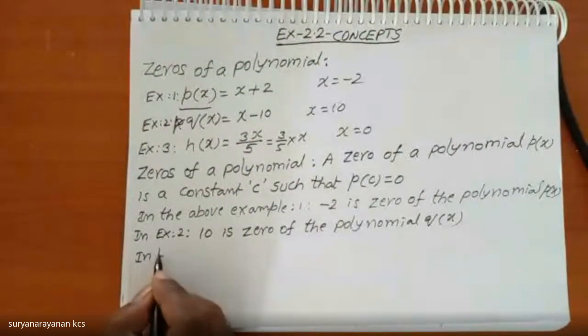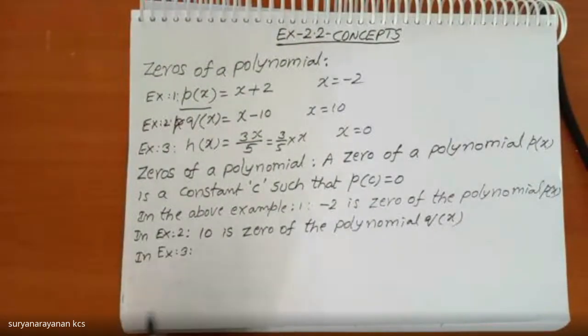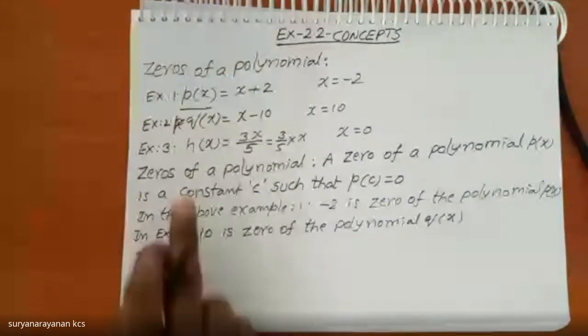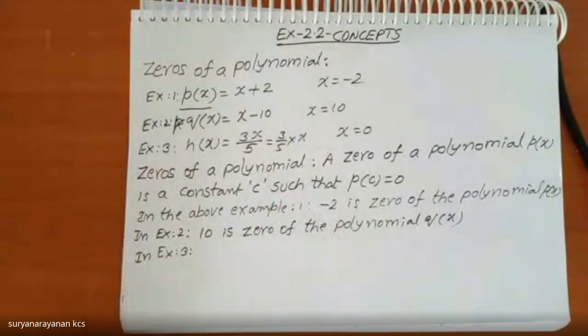Similarly, in example 3, what is the 0 of the polynomial? Sir, 0 only.